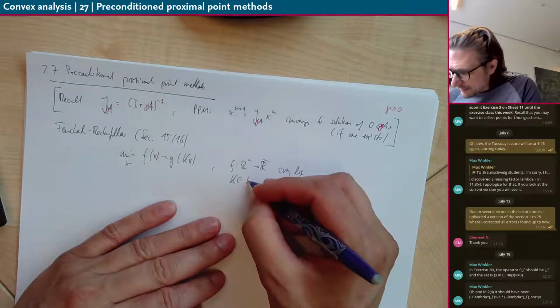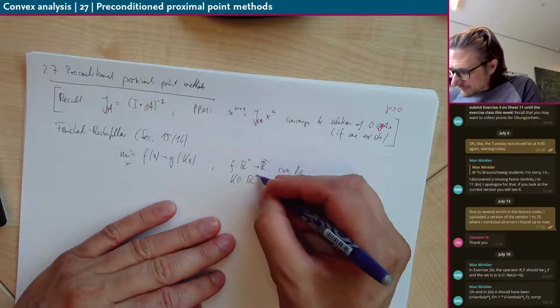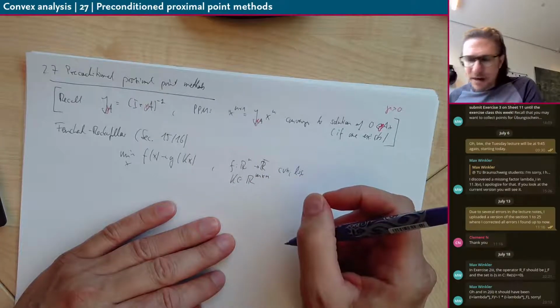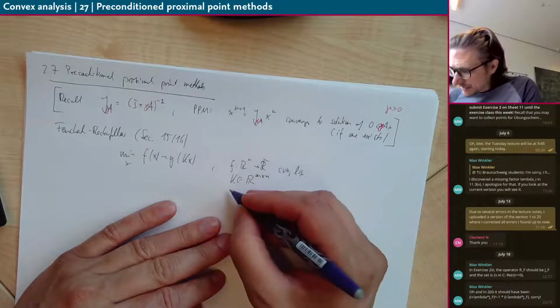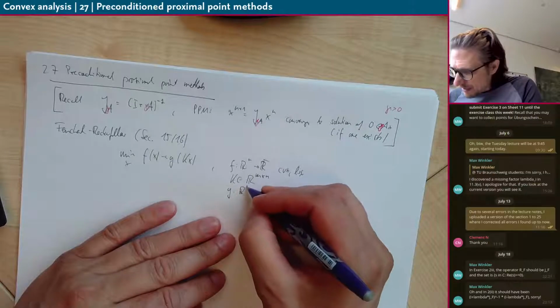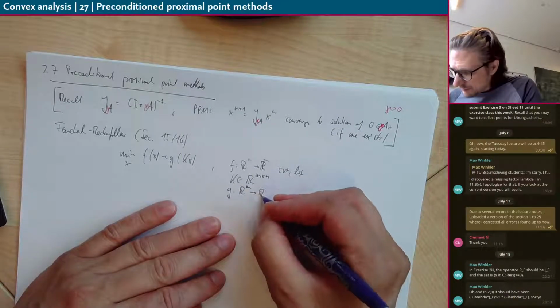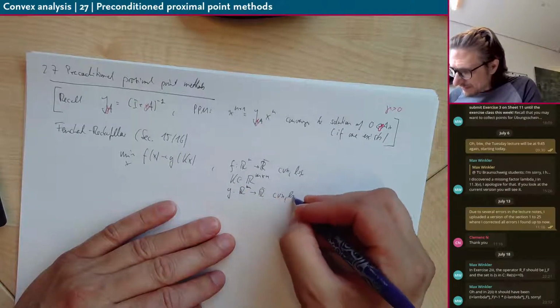K is then a linear map from R^n to R^m, so a matrix, and g is on R^m mapping to the extended reals as well, convex and LSC.